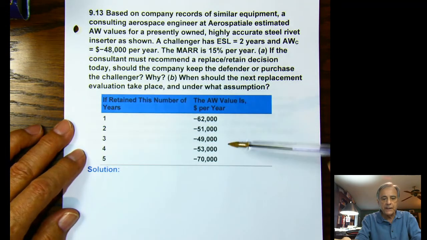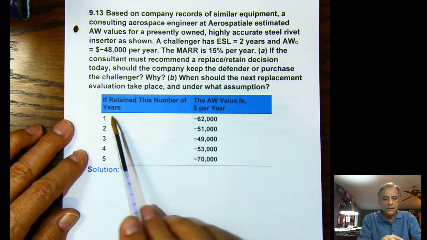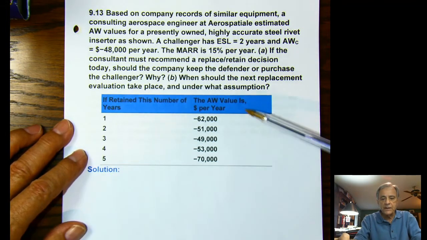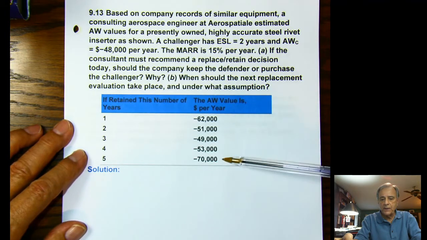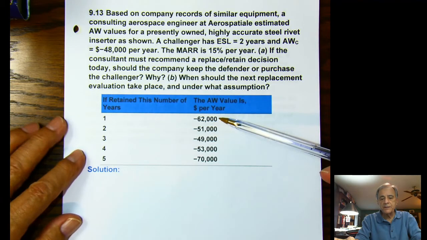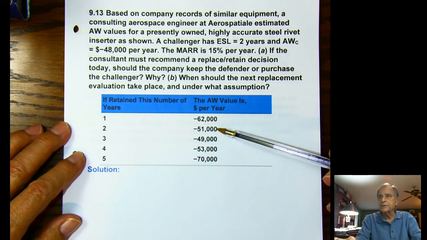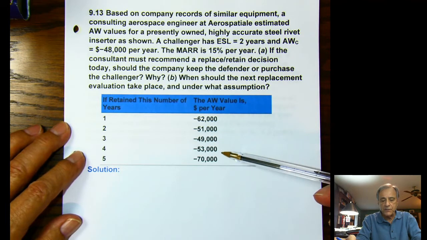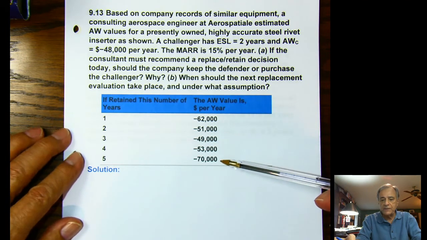Okay, so he's looking at if retained this number of years, 1, 2, 3, 4, 5, the annual worth is, if you keep it 1 year, it's minus 62,000 a year, 2 years minus 51, 3 years it's minus 49, 4 years it's minus 53, and 5 years minus 70.